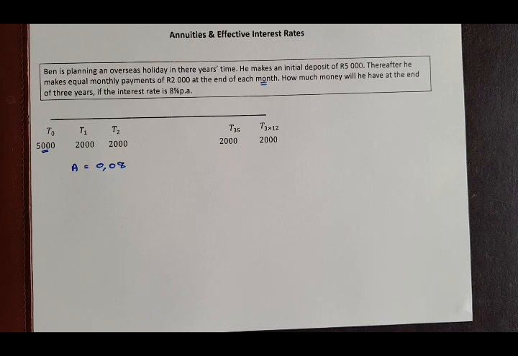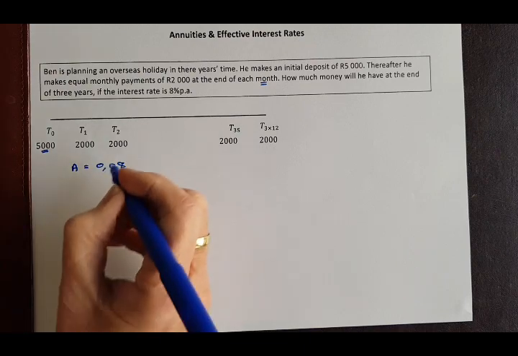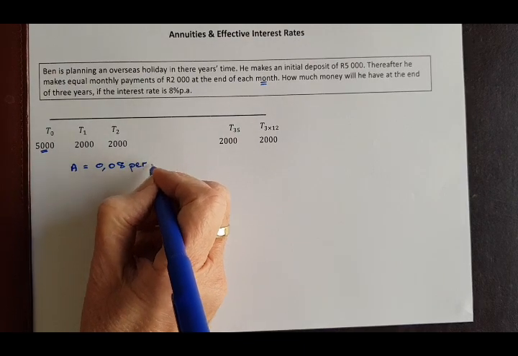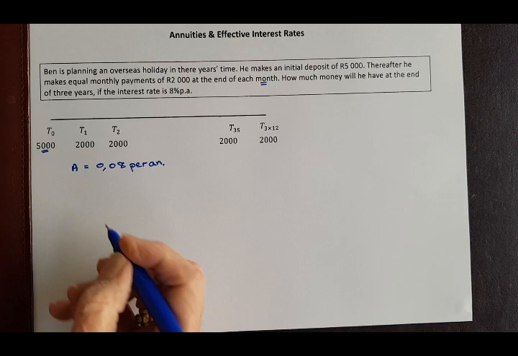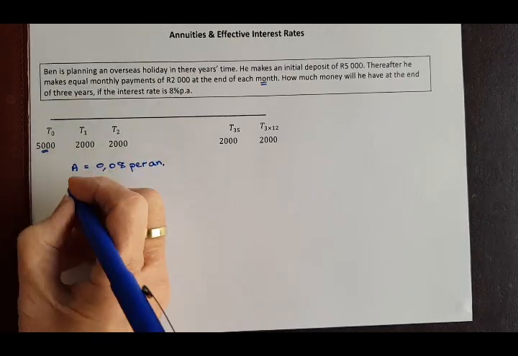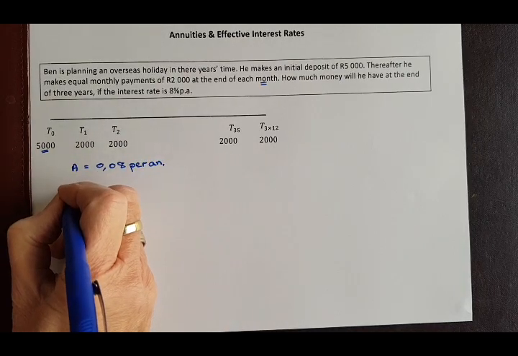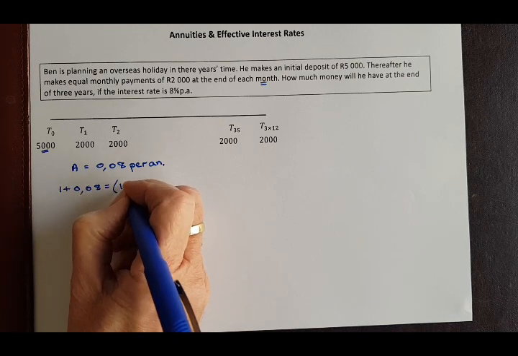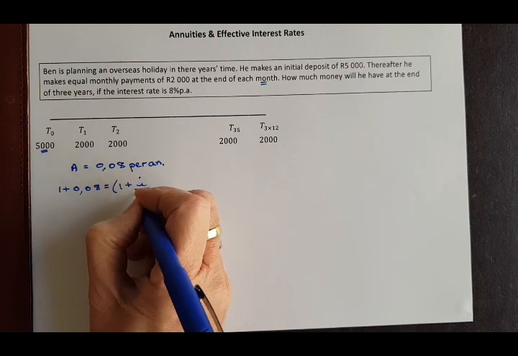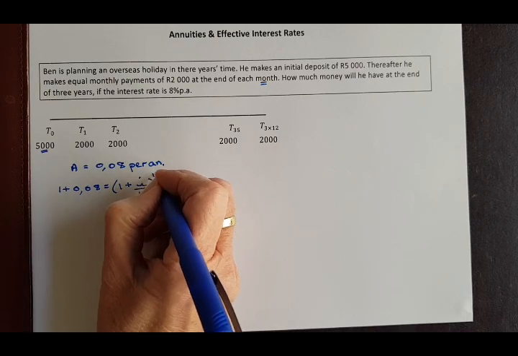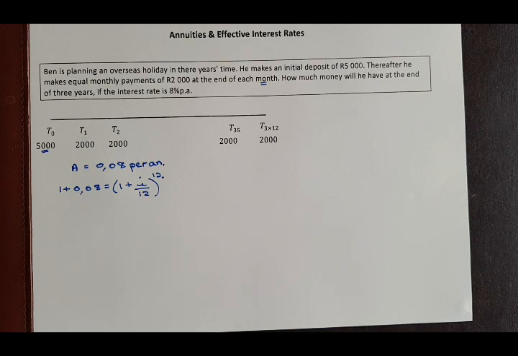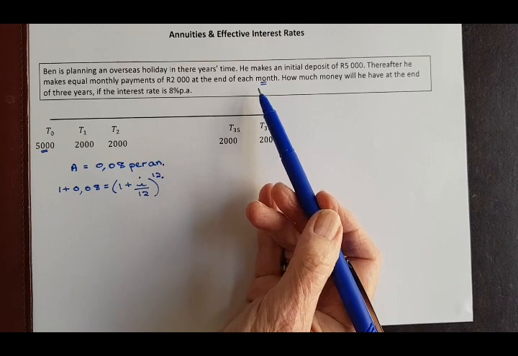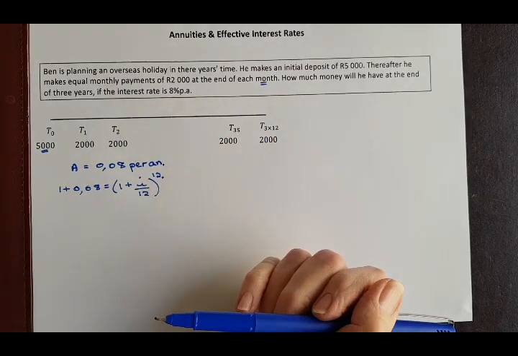So the first thing we have to do here is convert our effective interest rate, because this is per annum, into a nominal interest rate compounded monthly. So the interest rate that I want to work with is going to be I. So always be on the lookout for that. You must make sure your compounding period is the same as your payment period.